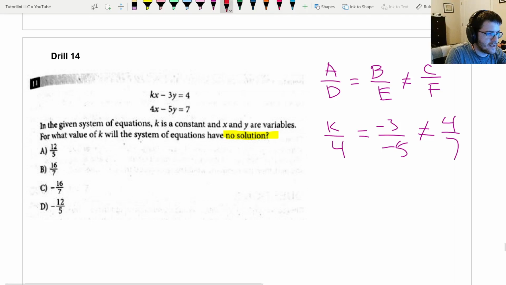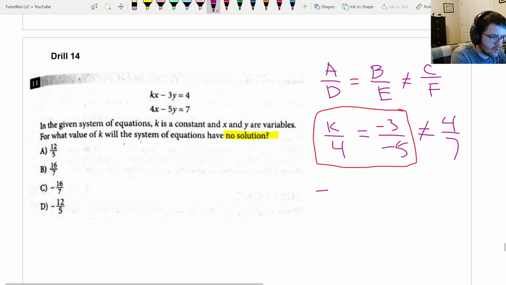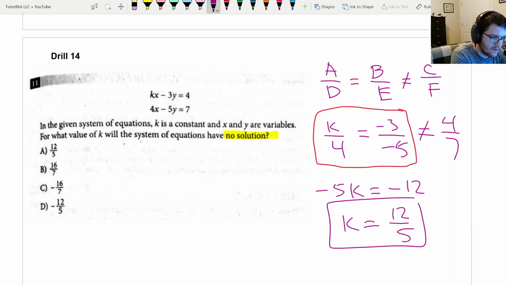We don't really care about what it's not equal to because we're trying to solve for K. So cross multiply: -5K equals -12. Divide both sides by -5 and we get K equals positive 12/5, which is answer choice A for 14.